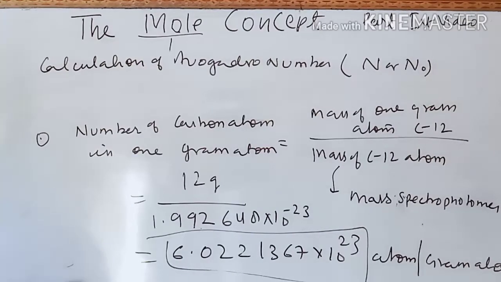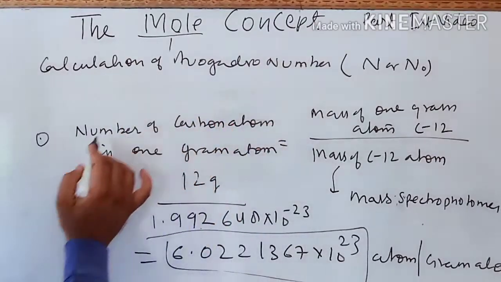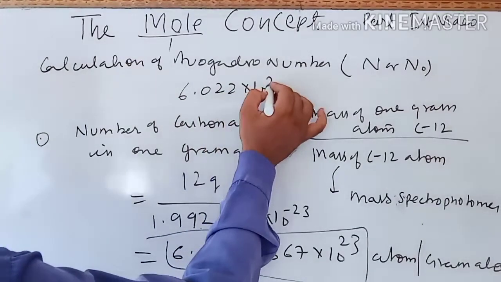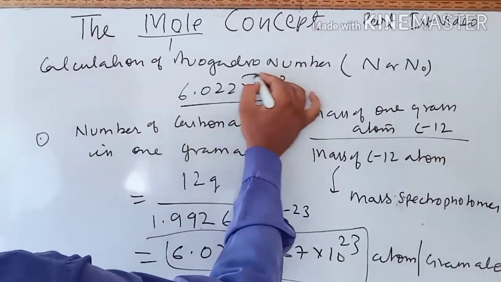Now children, see, this is the value. Simply we can write 6.022 into 10 to the power 23. Okay, this is for simplicity.